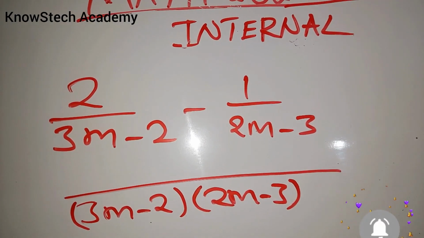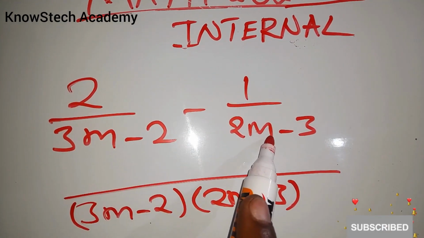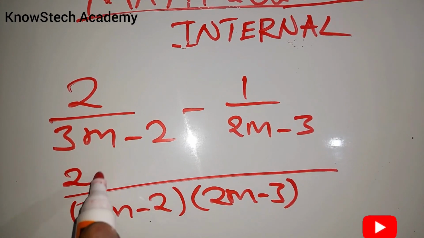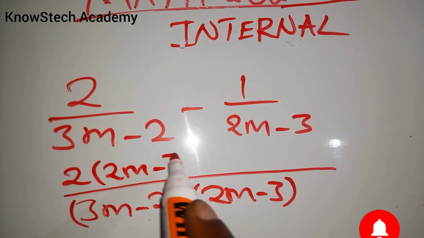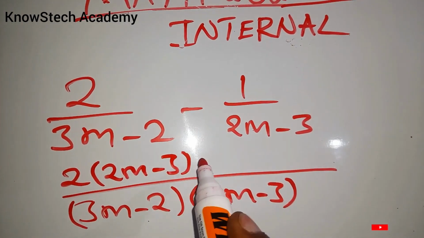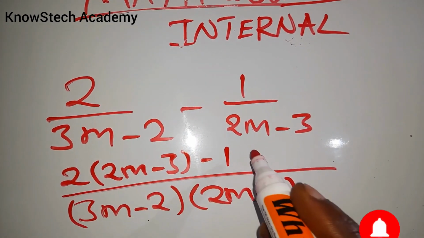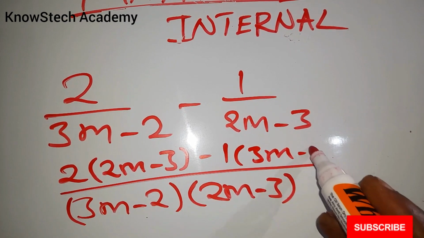Then you multiply this numerator times this denominator, so it will be 2 multiplied by 2m minus 3, negative 1. You also multiply it by this, which will be 3m minus 2.